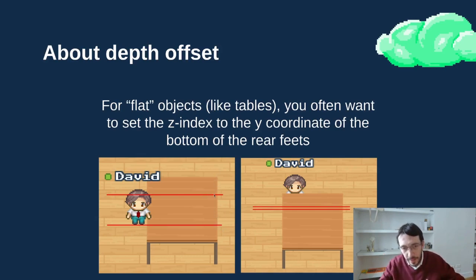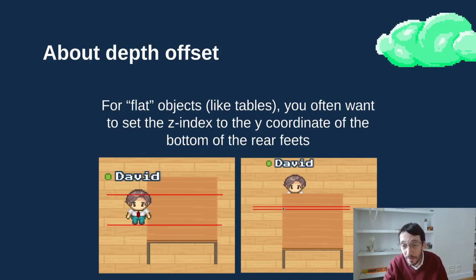So basically, I'm looking at my object, I'm saying in my head, okay, where are the bottom feet? So they must be hidden here and here, so my line should be here. If my Woka is below this, I want my Woka to be displayed on top of the table. You see here, the end of the Woka is put on the table, so it's looking nice.